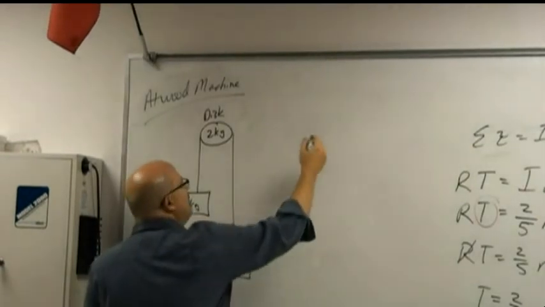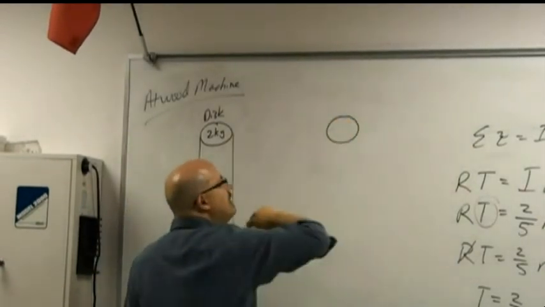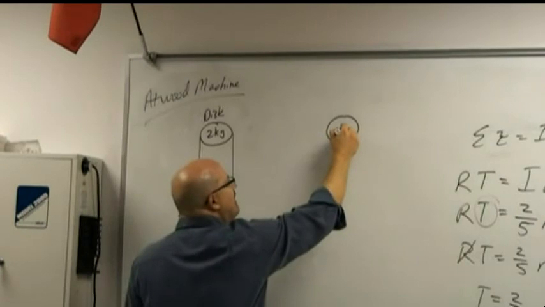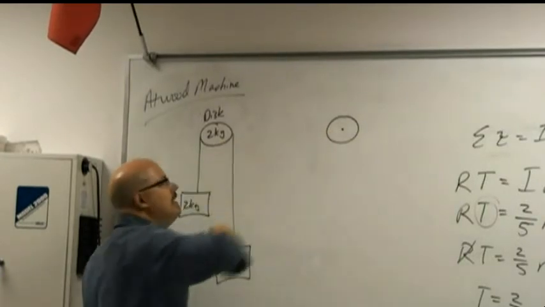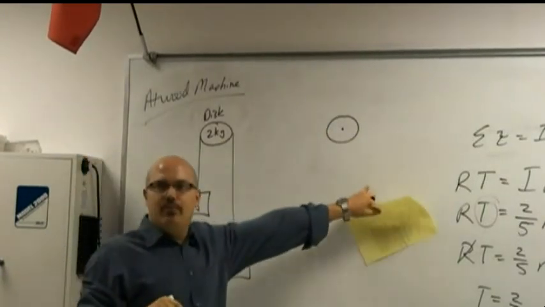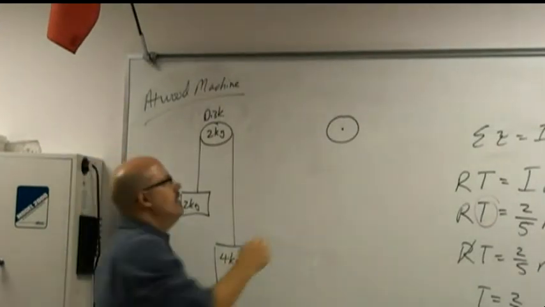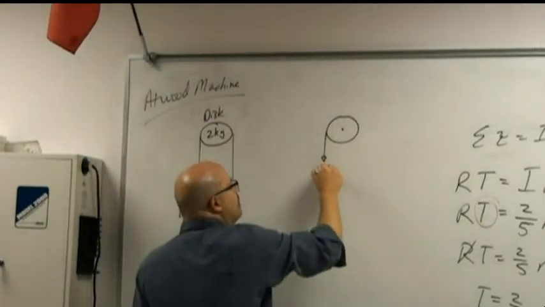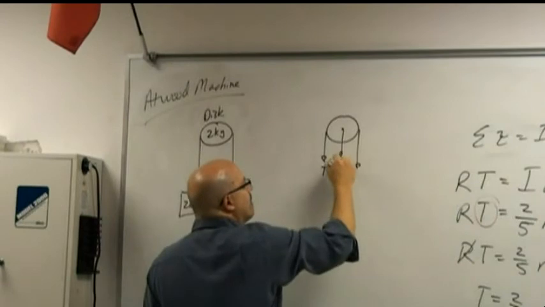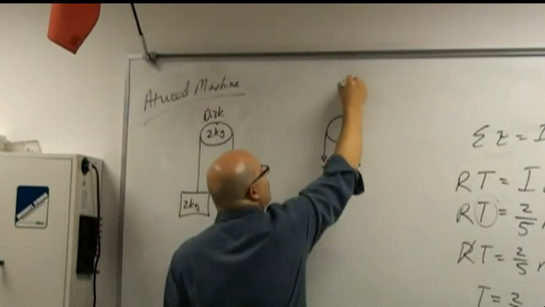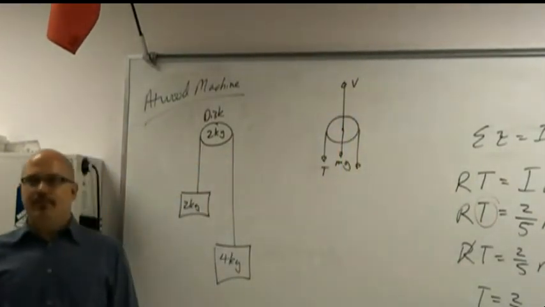I will give you this hint. If this is the free body diagram of my pulley, what are all the forces on the pulley? Two T's, an mg, and one vertical force. That looks good to me.